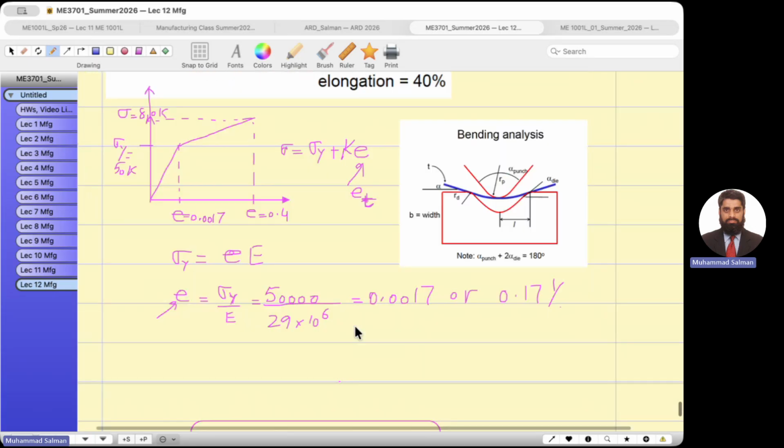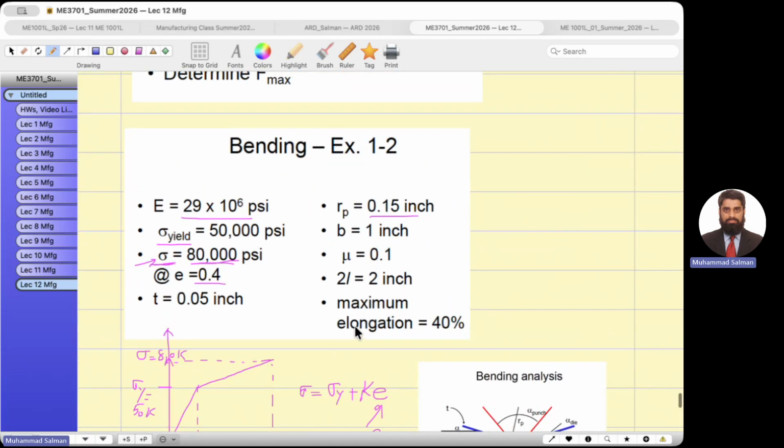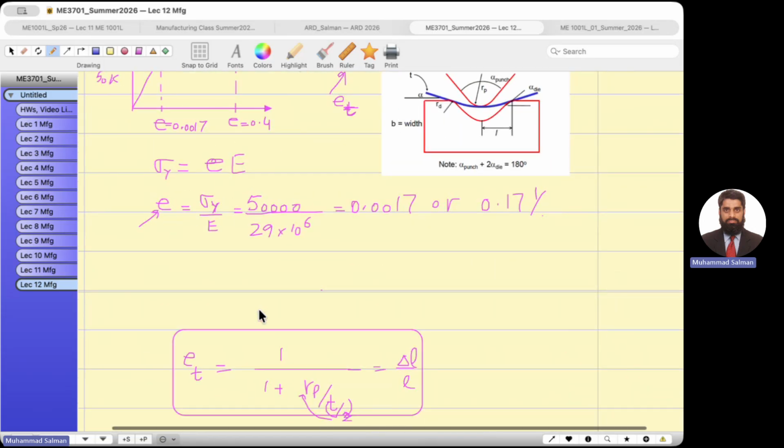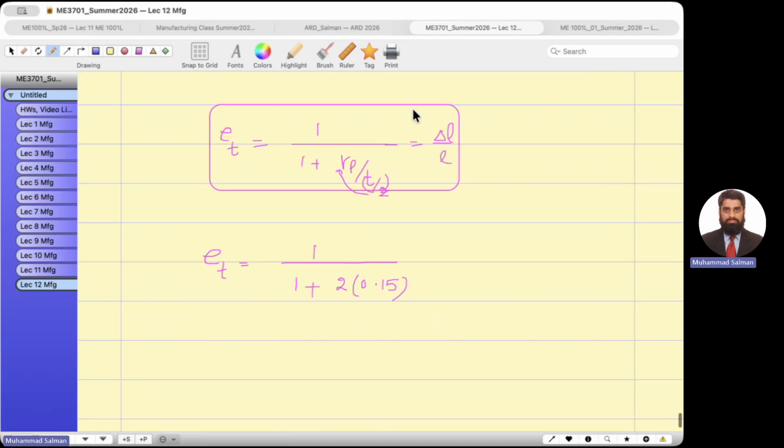Now look over here, divide by the thickness of the sheet metal. The thickness of the sheet metal is 0.05 inch. This is the small plate thickness. It's very tiny as compared to the breadth. Now let me write down here 0.05.